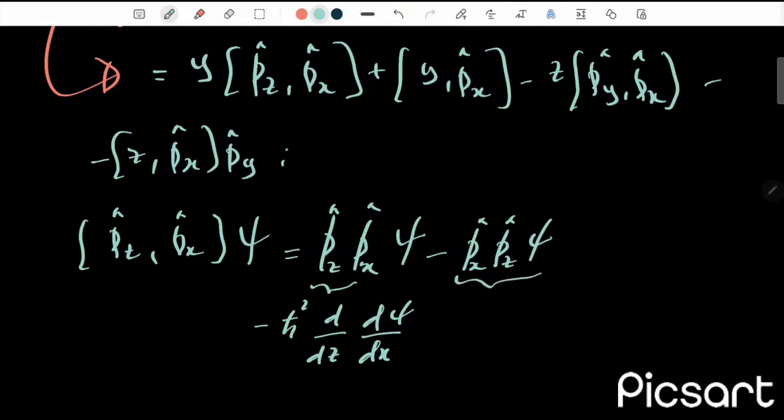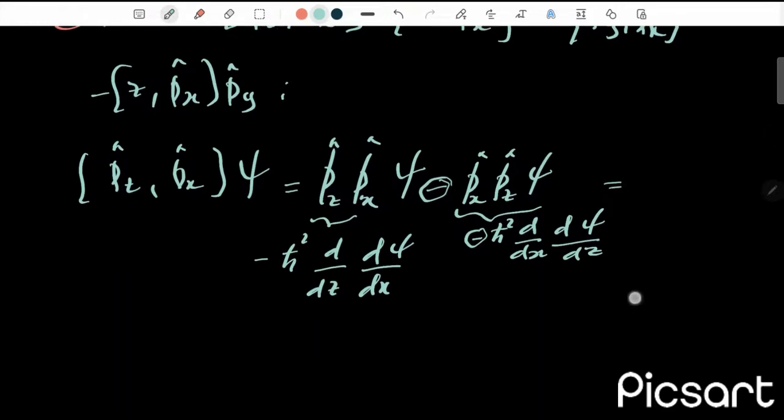For this term we have also minus h bar squared d over dx d psi over dz. And when we take this minus and multiply with this minus, we get plus.